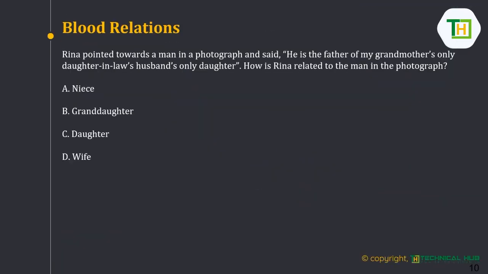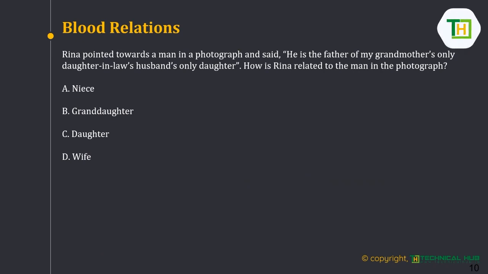Yes, the blood relation concept. Reena pointed towards a man in a photograph and said... so this is introducing blood relations. A person is pointed to and a relation is given, like he is my brother's son's daughter.